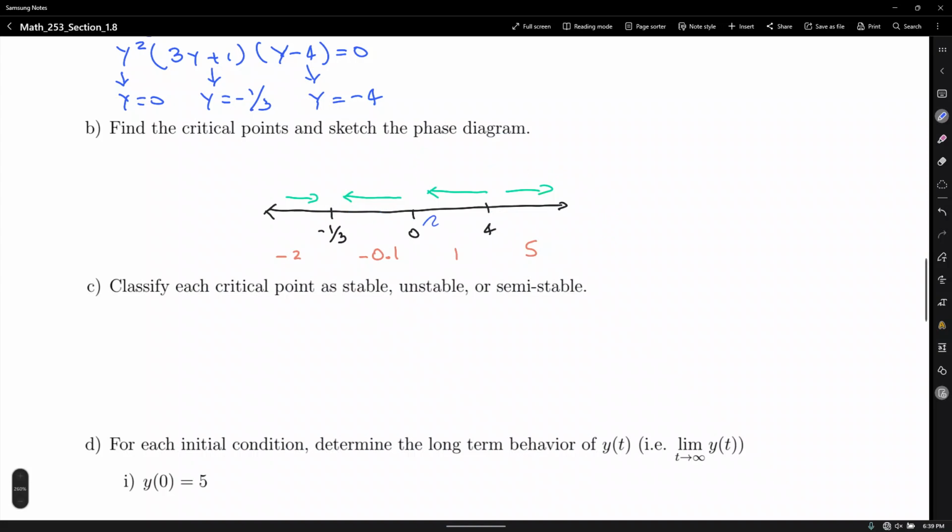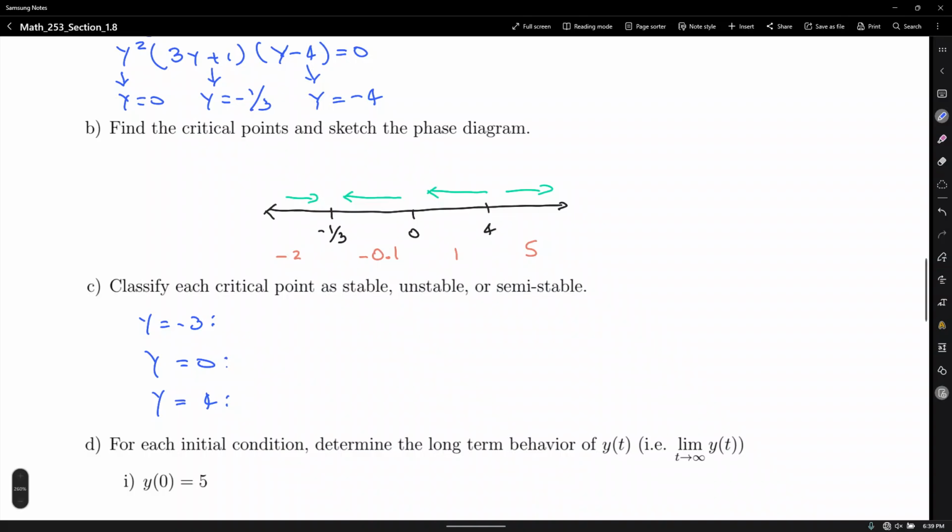Now for part C, they're asking us to classify our critical points as stable, unstable, or semi-stable. We're going to talk about that in a second. So at y equals -1/3, y equals 0, and y equals 4. Notice the behavior around -1/3.